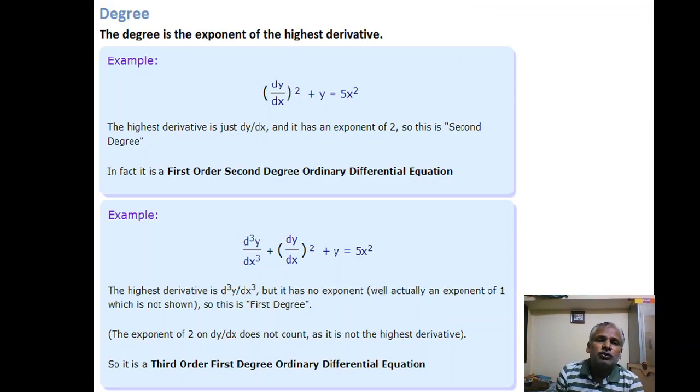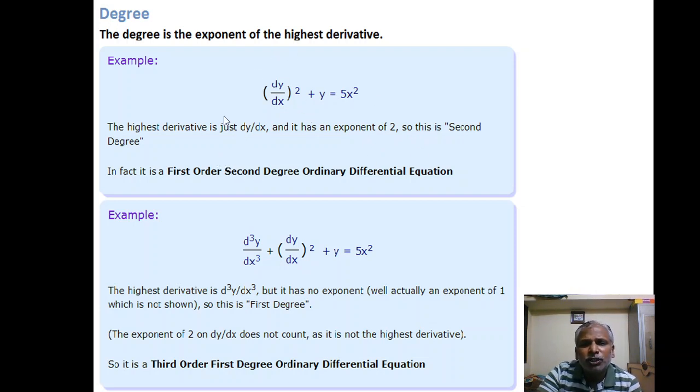Now see the degree. Degree is the exponent of the highest order derivative, that is, the power of the highest order derivative. Let's see the example: dy by dx, bracket raised to 2, plus y equal to 5 into x raised to 2. The highest derivative is just dy by dx and its power or exponent is 2, so this is a second degree differential equation.